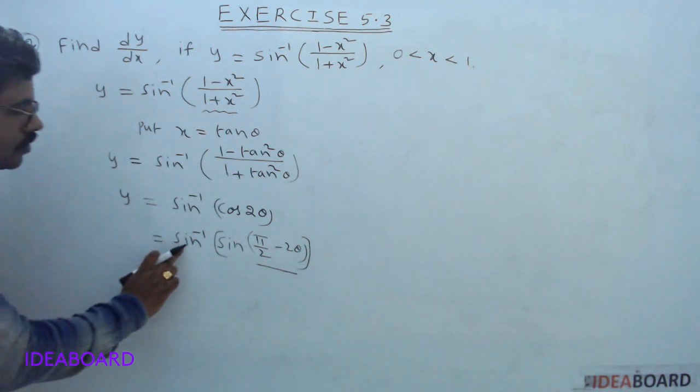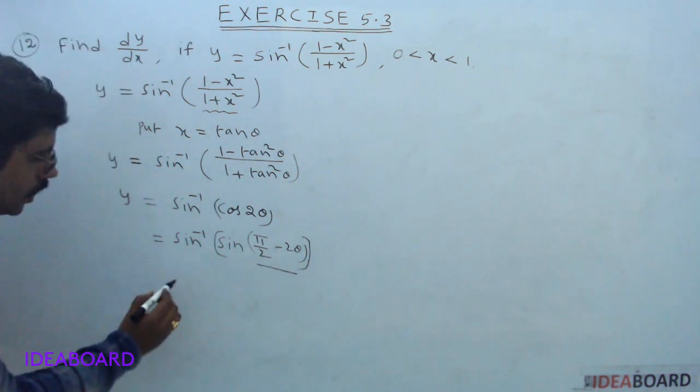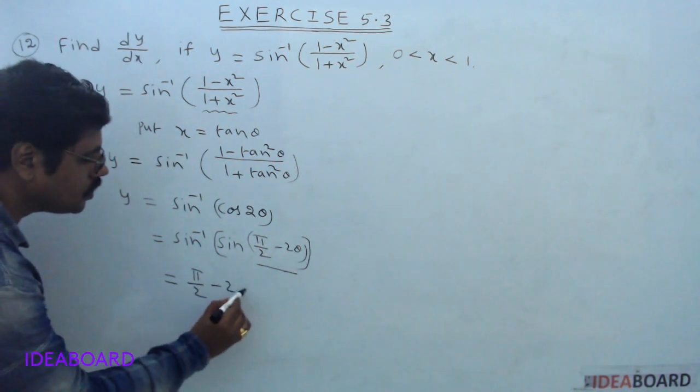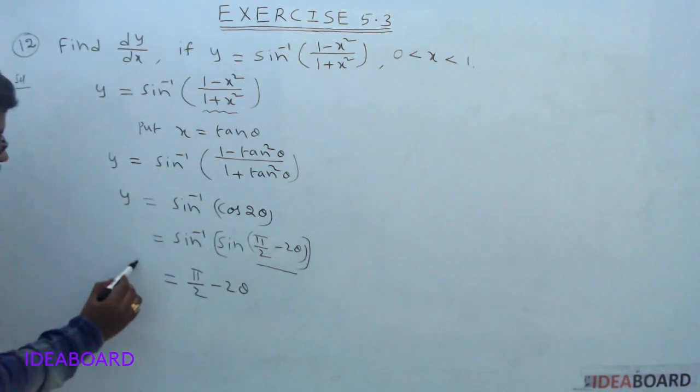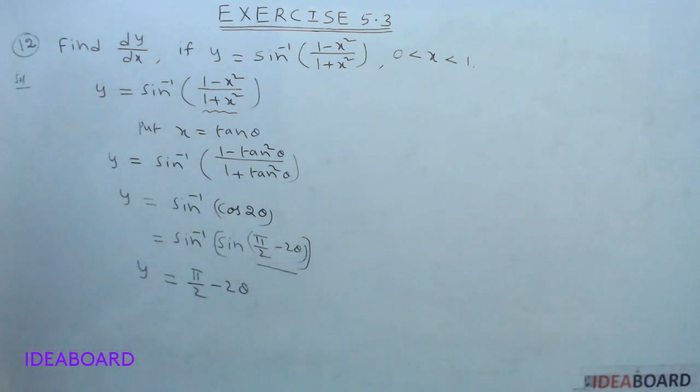So sine inverse of sine of pi by 2 minus 2 theta can be written directly as pi by 2 minus 2 theta. So y equals pi by 2 minus 2 theta.